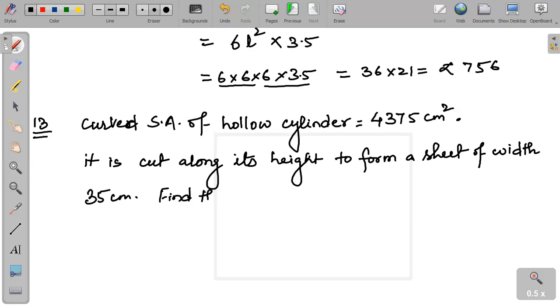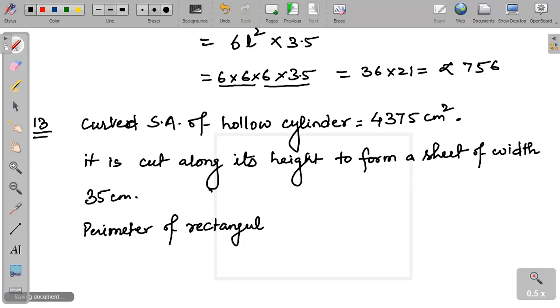Find the perimeter. Okay. So perimeter of the rectangular seat is equal to what?